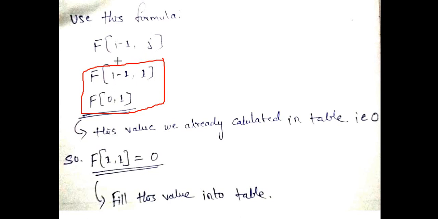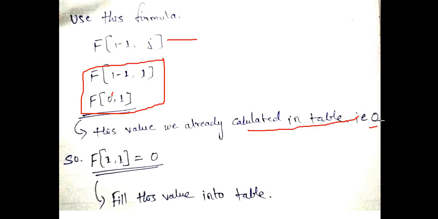So the negative numbers formula is f of i minus 1 comma j. What is the i value? 1. Minus 1, j value is 1. So 1 minus 1 is 0, and 1 is 1. This value we already calculated in the table, that is 0.